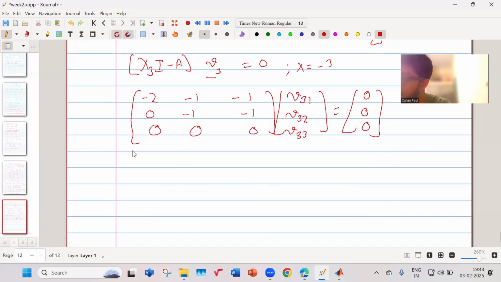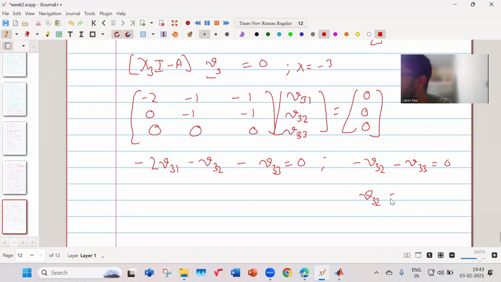So what do we get here? We get minus 2 V31 minus V32 minus V33 equal to 0 and minus V32 minus V33 equal to 0. So how do we solve it? We get V32 is equal to minus V33.